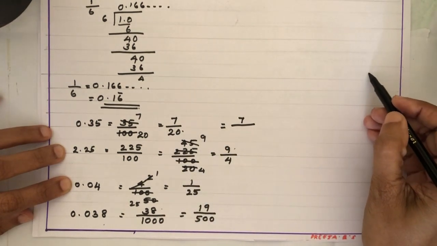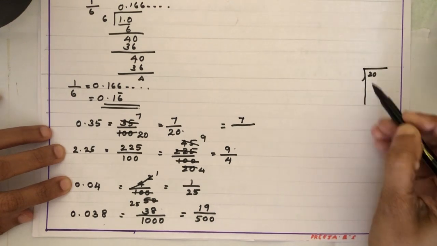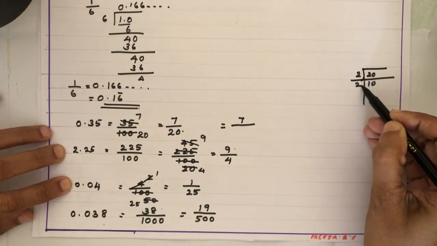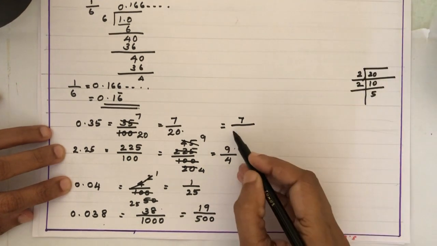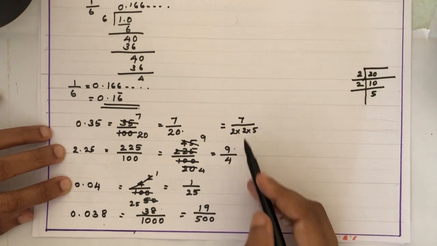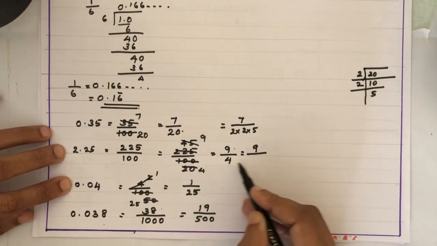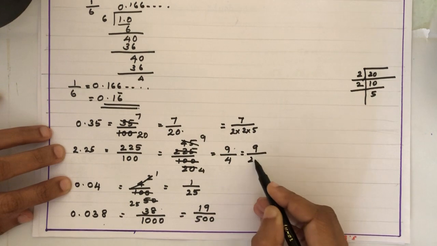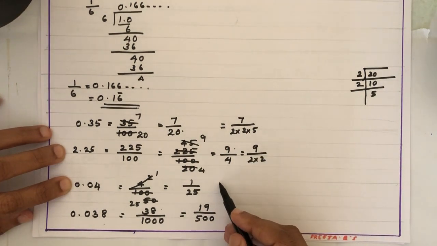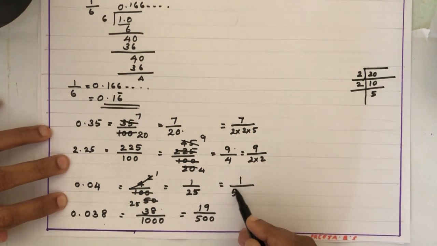Okay children, we can divide it by 2, 10, 2, 5. So 2 into 2 into 5. Now come to this one, 9 by 4. It can be written as 9 by 2 into 2. Then 1 by 25, we can write it as 1 by 5 into 5.